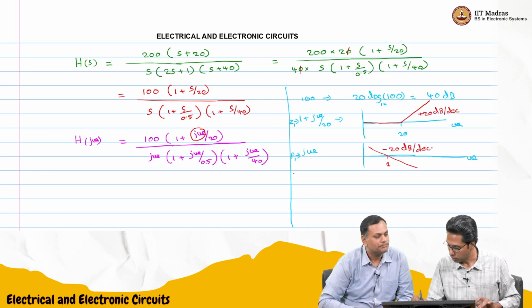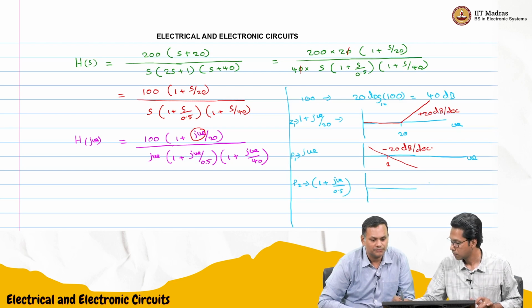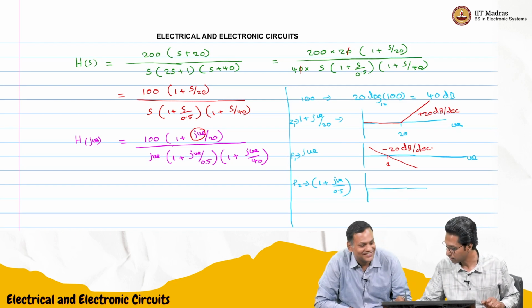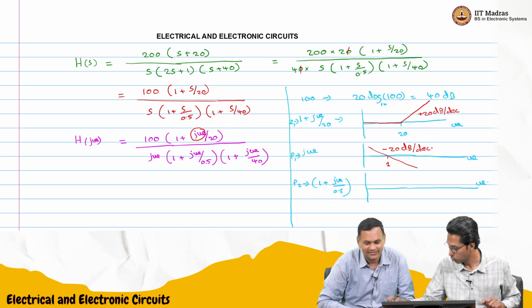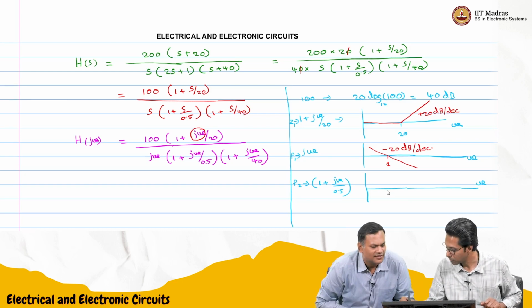Then P2, which is the term 1 plus j omega by 0.5. As you said, 1 and 0.5 are coming almost near, so it will be crowded on a log scale.